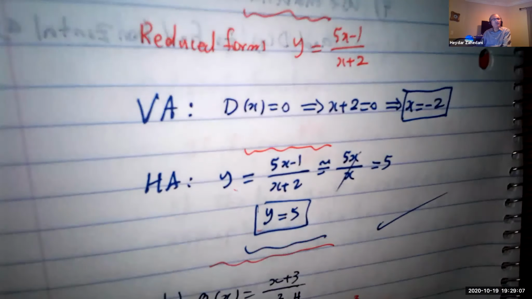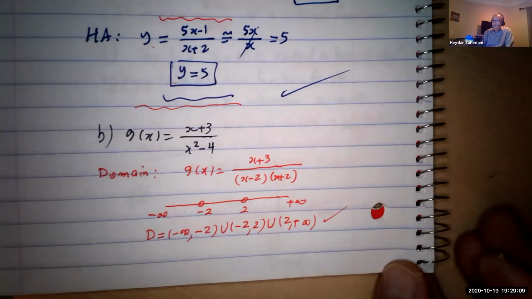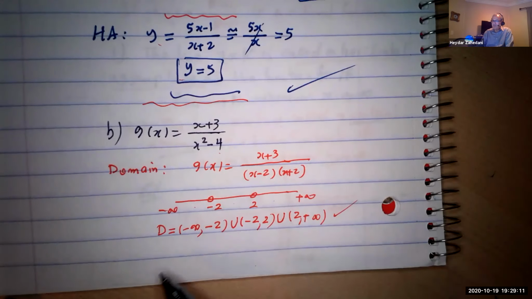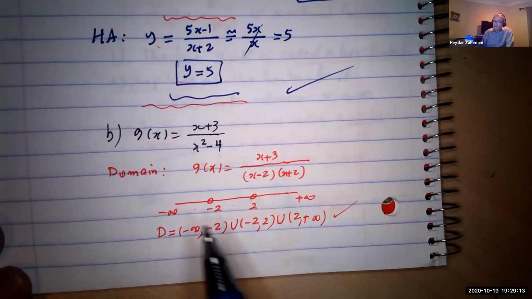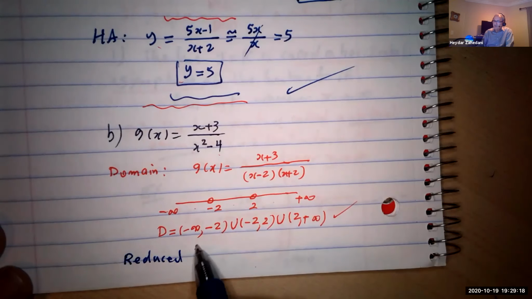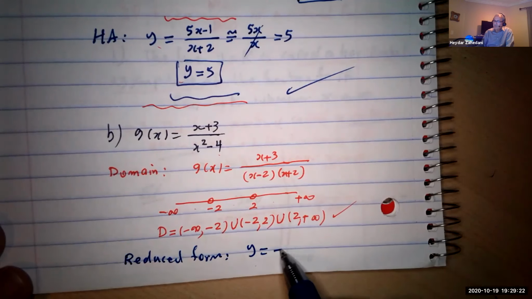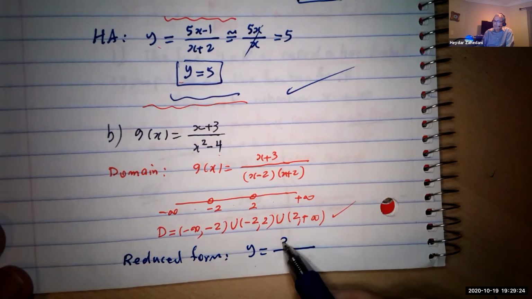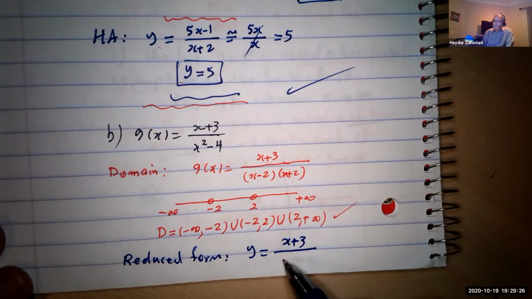That's case 1, first part. Second part, check to see if we can simplify it. There's no chance, no common factor. Okay, I just write it down, just to remind yourself. Reduced form. You cannot simplify, so we call it y equal to x plus 3 over x squared minus 4.